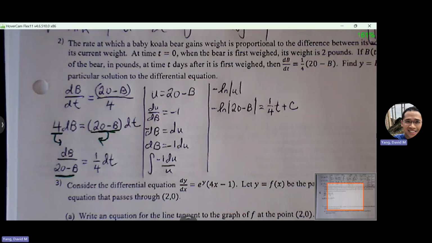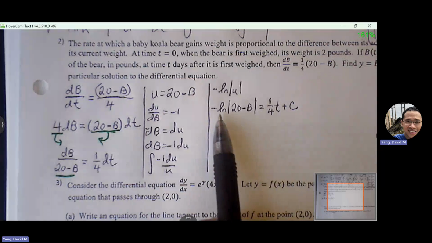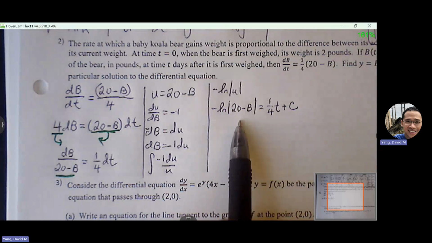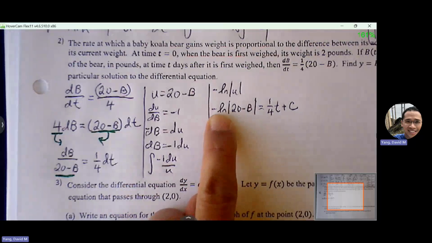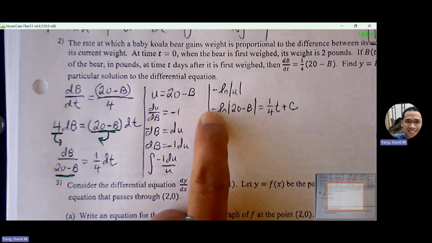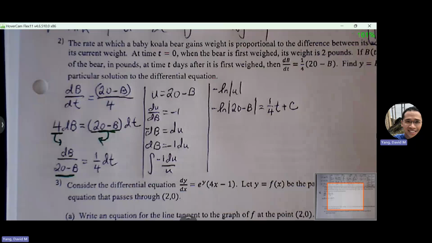Okay, so we have two things left to do: solve for B and solve for C. I'm going to wait to solve for C, so I'm going to work on trying to get that B by itself first. That negative is kind of getting in the way. We do want to involve e and natural log to cancel out, but let's move that negative out of the way first.